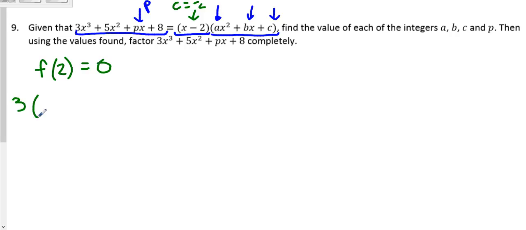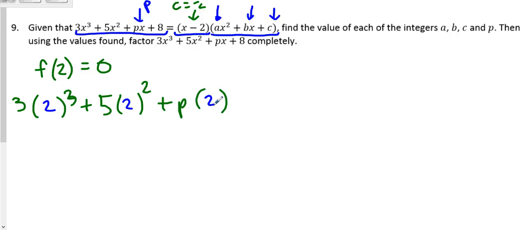So we have 3x, and now our x is 2, plus 5, oh, that's a cube, 3x cubed, plus 5x squared. Now this is squared, and we're plugging in a 2, plus px, x is now 2, plus 8, and that's equal to 0.